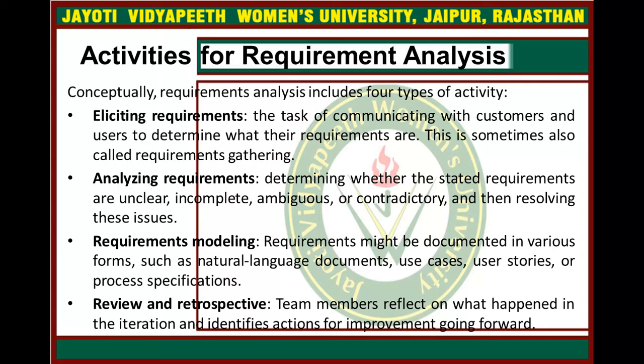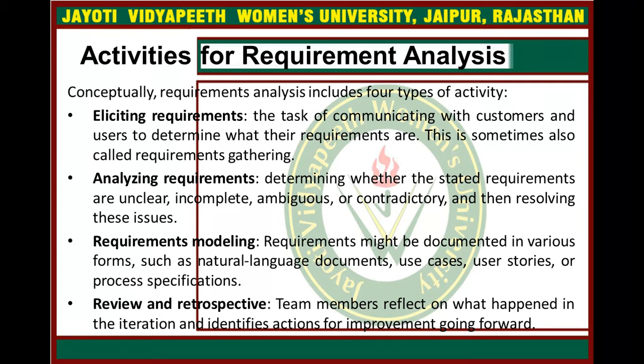Now the activities for requirement analysis. Conceptually, requirements analysis includes four basic types of activities. First is eliciting requirements, second analyzing requirements, third requirements modeling, and the last is review and retrospective.